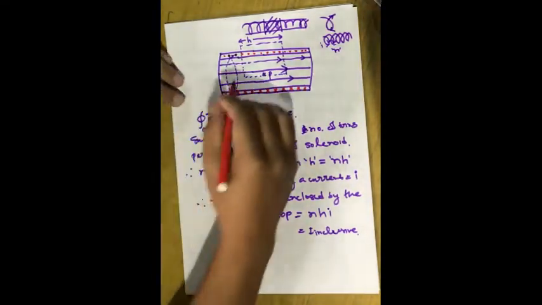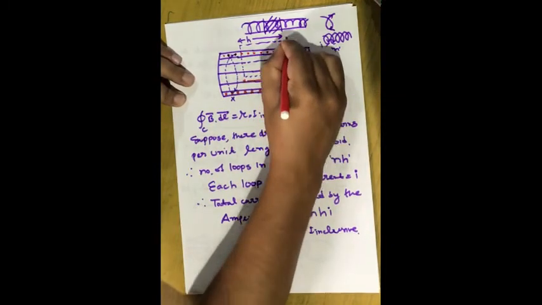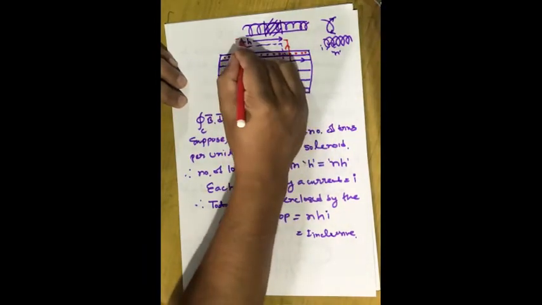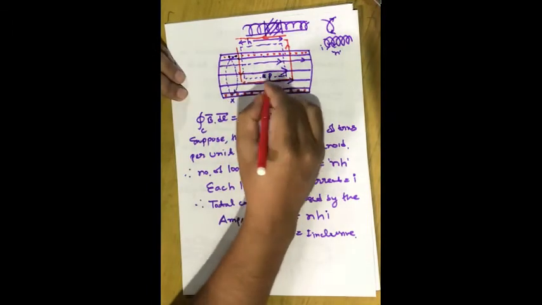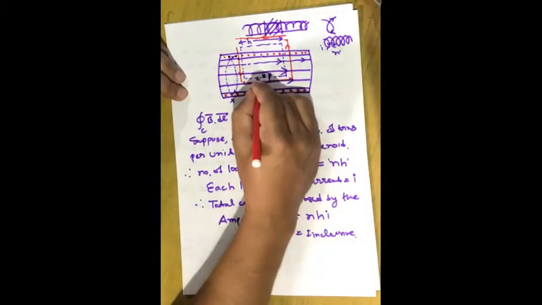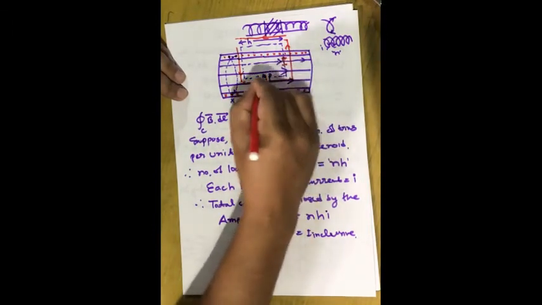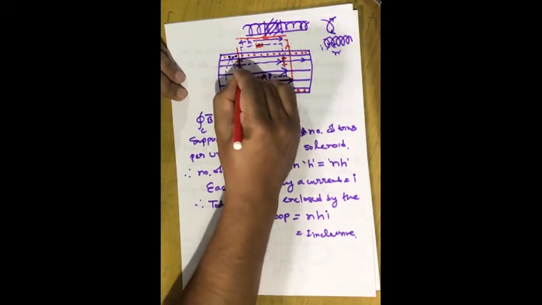So first we start from here to here, then here, then this part, and then again this part. In this way we do the line integration. In this direction the length element is dl in this direction. Here the length element is dl along this direction, here the length element is along this direction, and here the length element is along this direction.